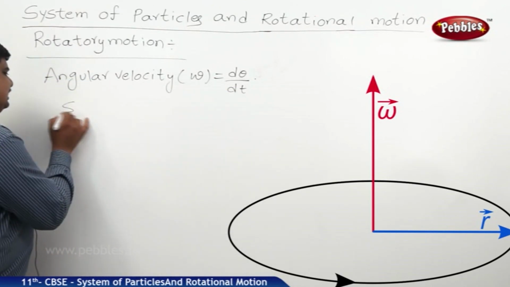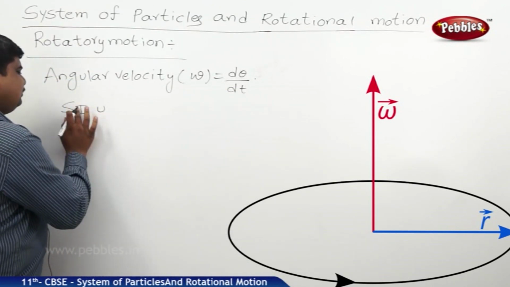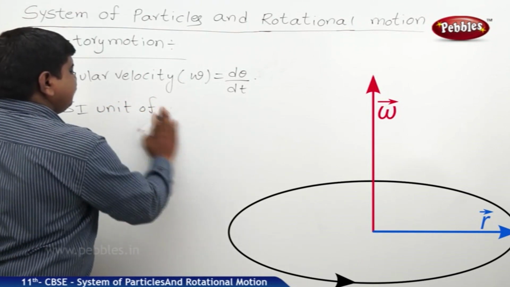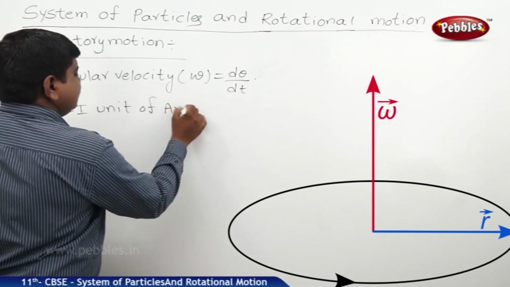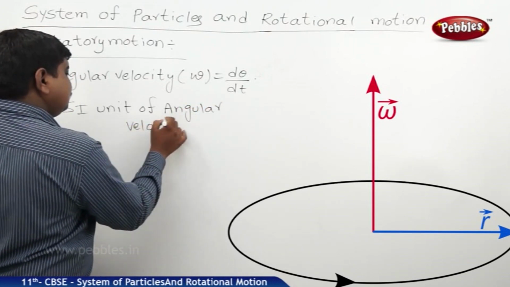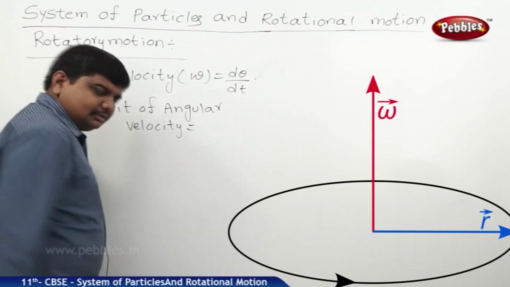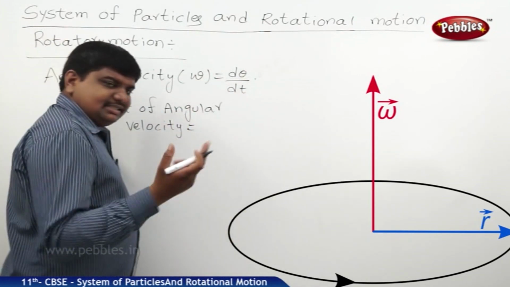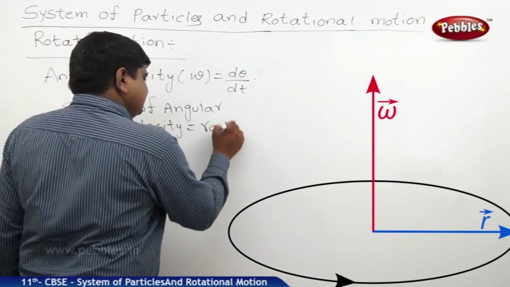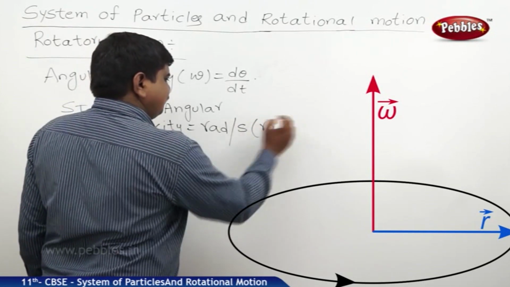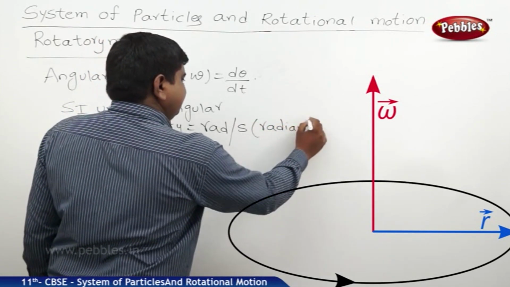The SI unit of angular velocity is, for angle the SI unit is radian, for time it is second, that's why it is radian per second. This is the short form of radian per second.